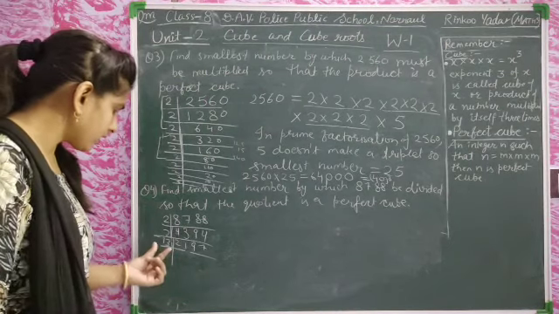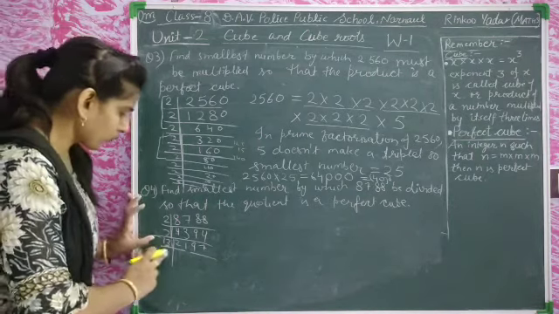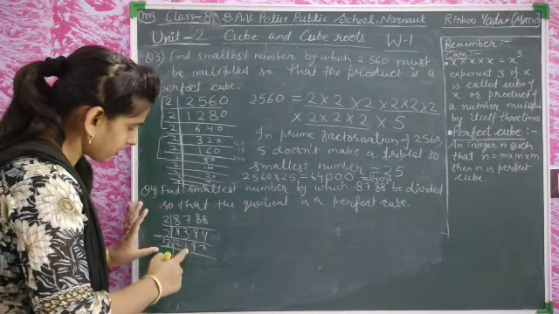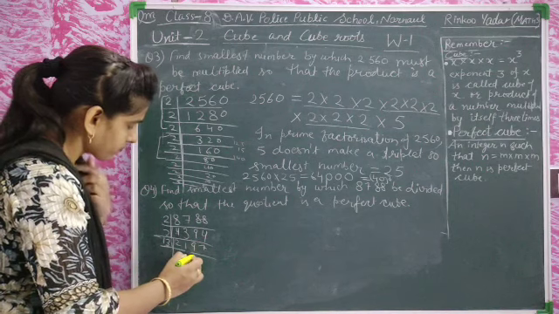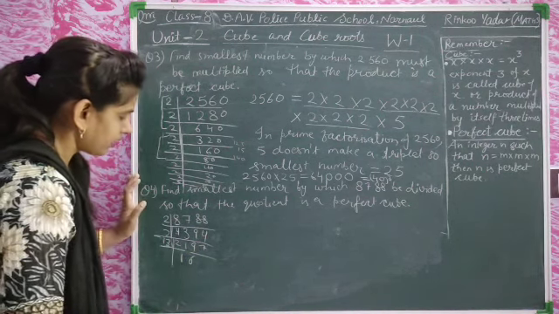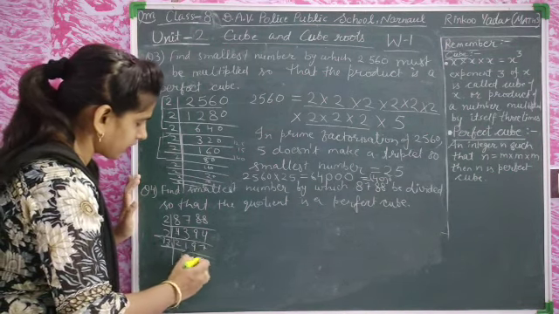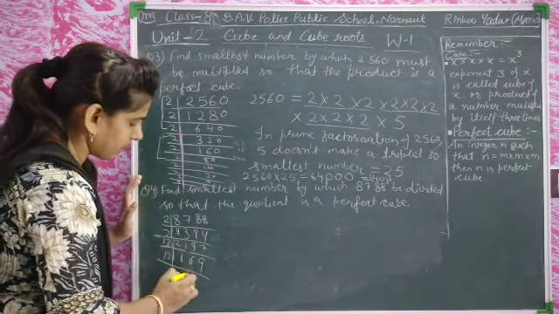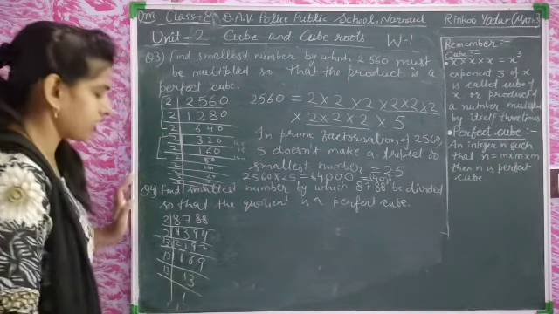So students, you are seeing that this number is divisible by 13 here. So we are dividing it: 13 ones are 13, 13 sixes are 78, and 13 nines are 117. Now again this number is divided by 13. 13 thirteens are 169, and 13 ones are 13.